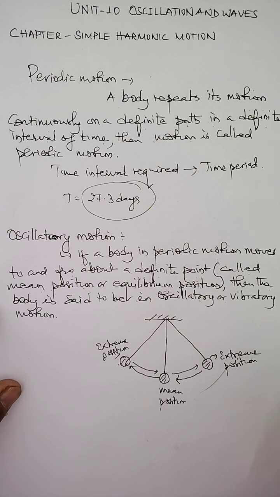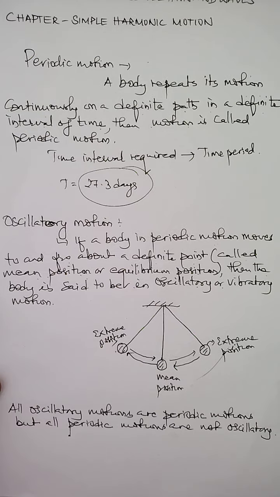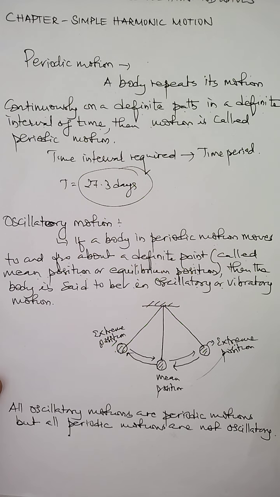Similarly, the vibration of a tuning fork. We know that when a tuning fork vibrates, it also acquires oscillatory motion. A sewing machine also acquires oscillatory motion. That means there are many examples of oscillatory motion.